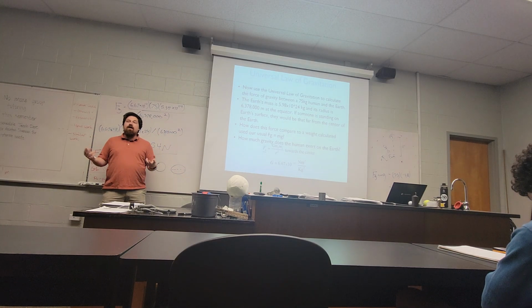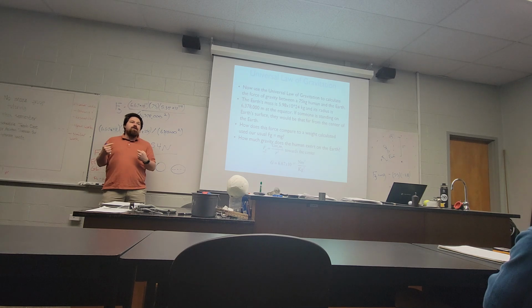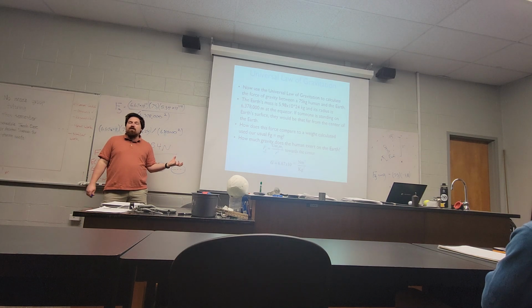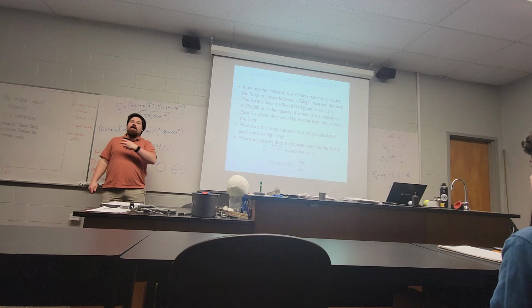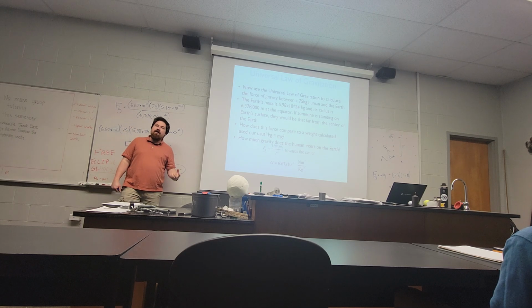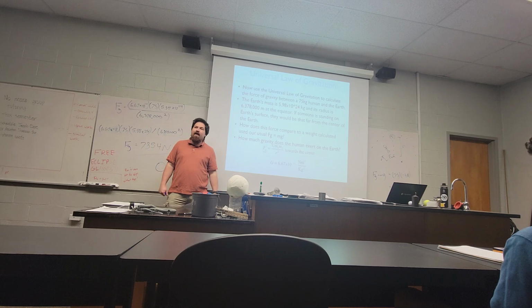Therefore, Newton's third law dictates object 2 exerts the same amount of force back on object 1. If this person weighs 375 newtons on planet Earth, therefore planet Earth weighs 375 newtons on this person. However much you weigh, you are exerting that much gravity back on the planet.